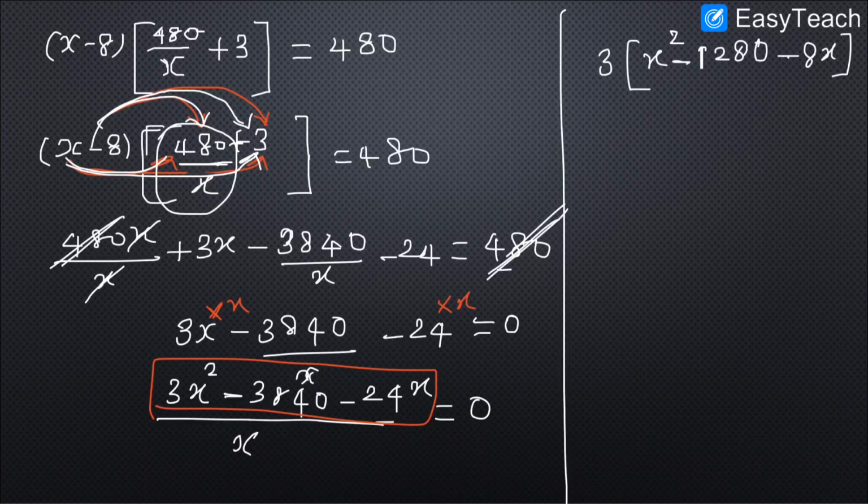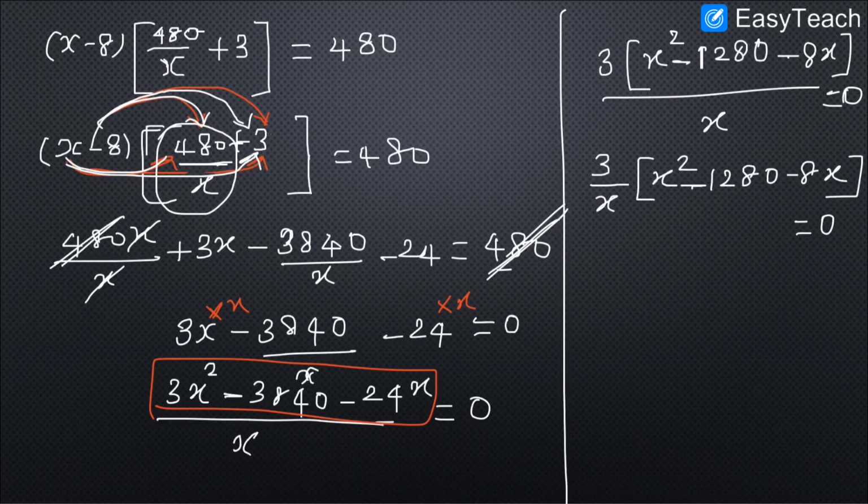Minus 8x, since 8 threes are 24, the whole divided by x equals 0. So our equation is 3 by x into x square minus 8x minus 1280 equals 0.